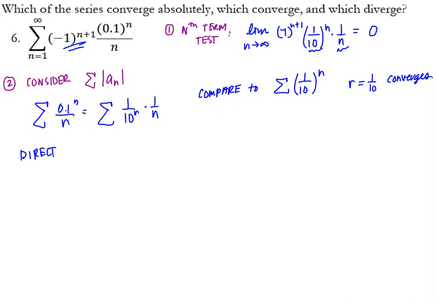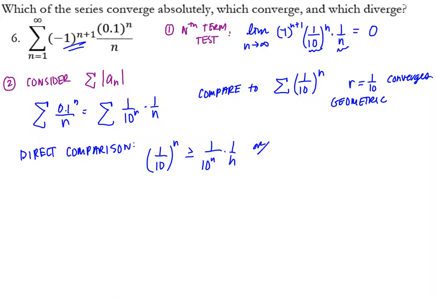We don't have too many terms here going on, so maybe the direct comparison will not be too tricky. In the direct comparison, we have a convergent geometric series. So since it converges, we want to show that this convergent series, 1 over 10 to the n, is greater than or equal to the series we have, 1 over n times 10 to the n.